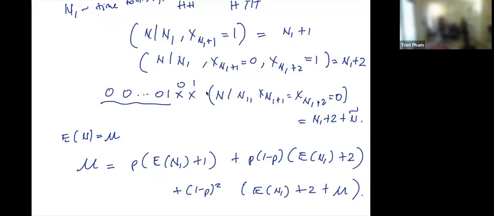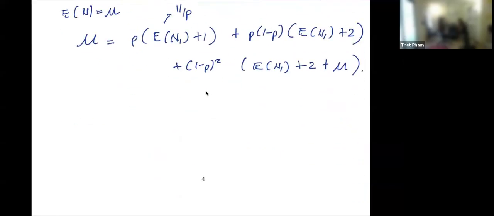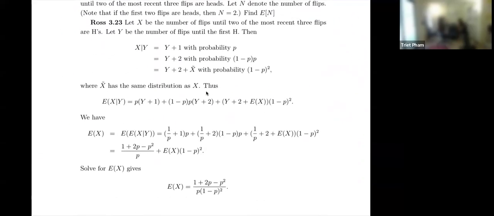Is that okay? And of course, E of N1 is just 1 over p, so we can replace that. Any question? All right, yeah.